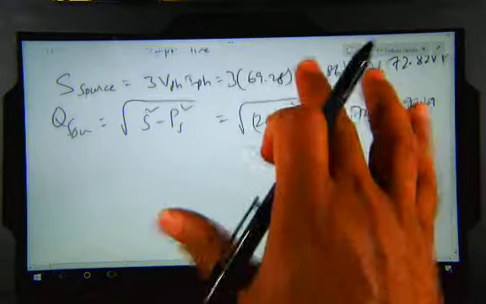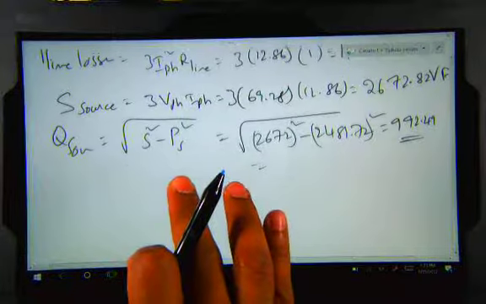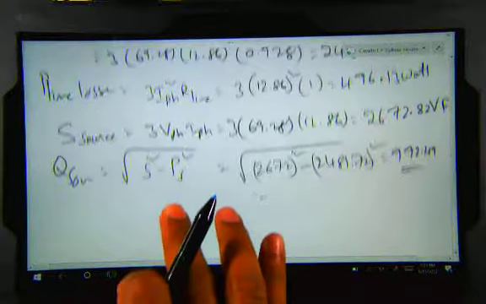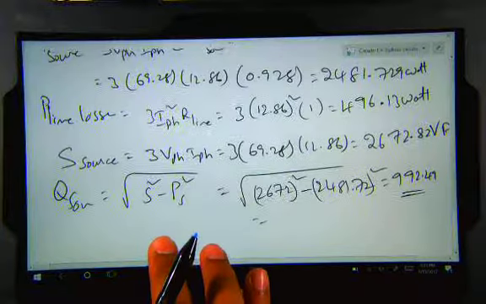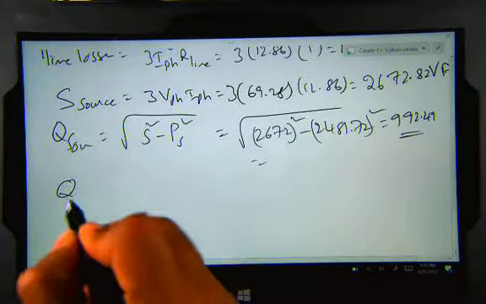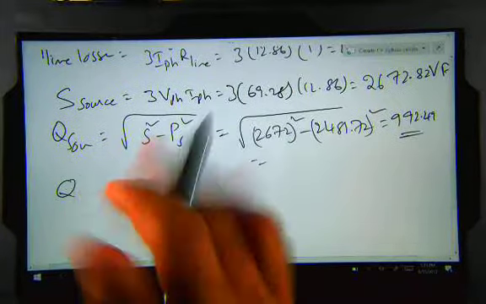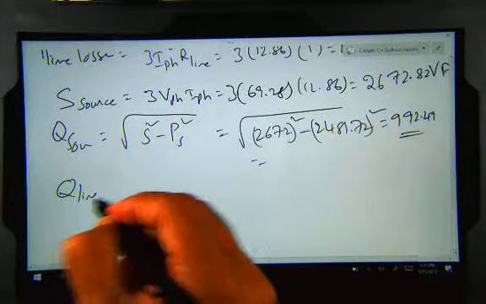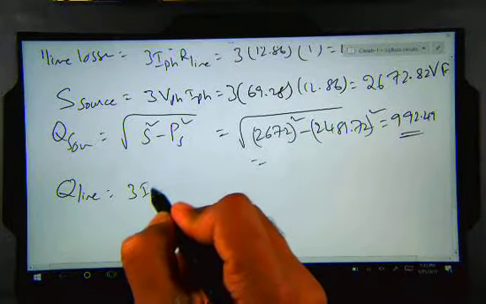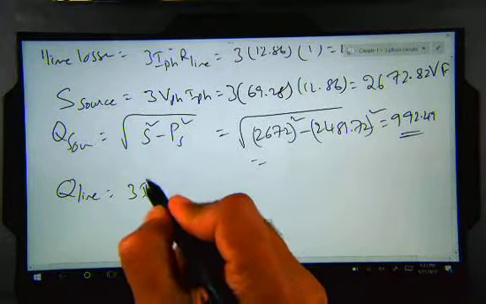Now, can we find Q line? Q line is the same as 3 times IL square times XL.